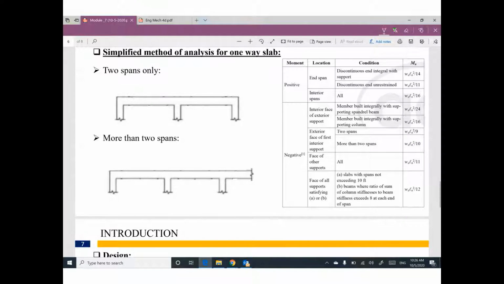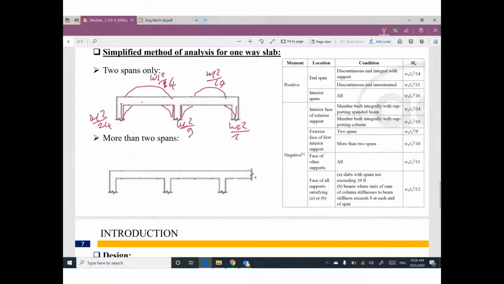If you have a slab with 2 spans only, your moment here is negative, negative, negative, negative, positive, positive. W L square divide 24, I'm sorry, 14, W L square divide 14, W L square divide 24, W L square divide 9, W L square divide 24.